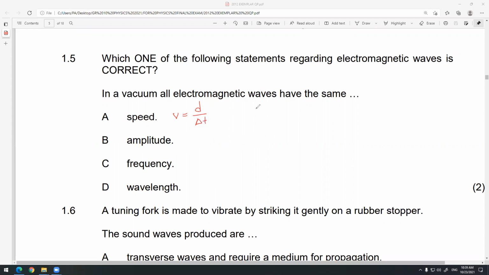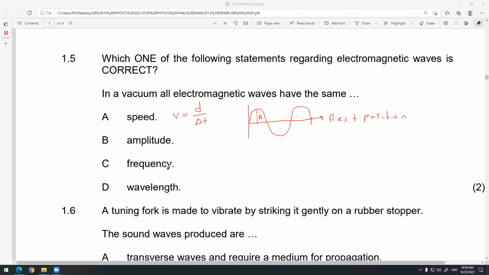Amplitude, what was the amplitude, people, on waves? Amplitude is the highest, maximum displacement for waves. As you know, this is our rest position. From rest to crest, people, it is amplitude. Maximum displacement for particles. As you know, particles go up and down for transverse waves. This is our amplitude.